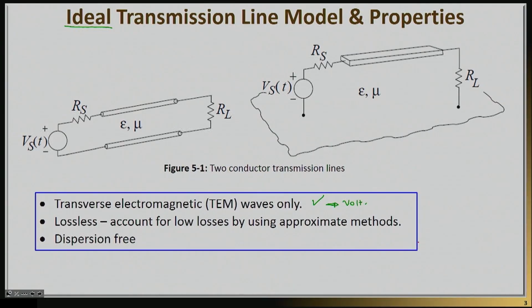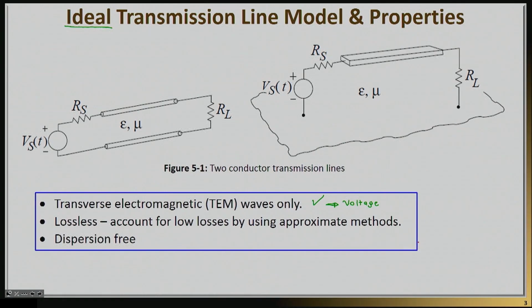See, you might remember from basic electromagnetics that if you don't have a TEM wave, you can't even define uniquely what voltage is. You can actually decide how you integrate the electric field along different paths and actually get a different result. So TEM wave is a critical assumption for a transmission line.